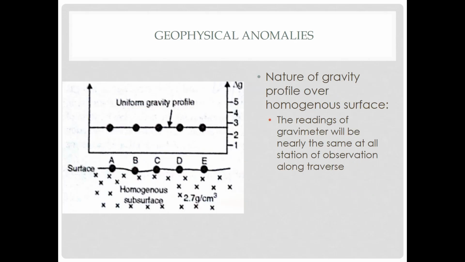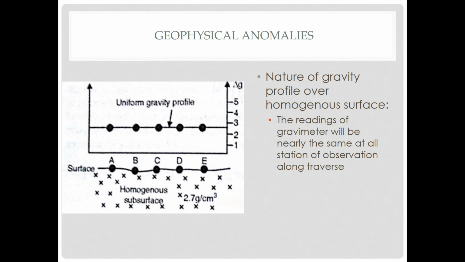So what are these geophysical anomalies? We can see here in the figure that points A, B, C, D, E are stations of our equipment or the points of test. The first anomaly is the nature of gravity profile over a homogeneous surface.